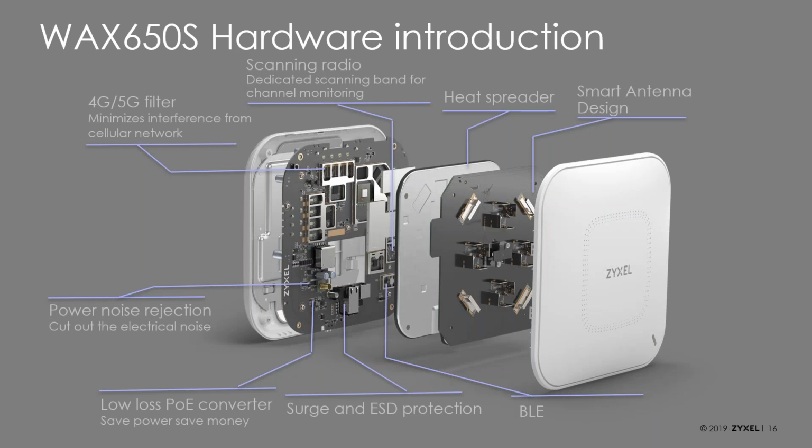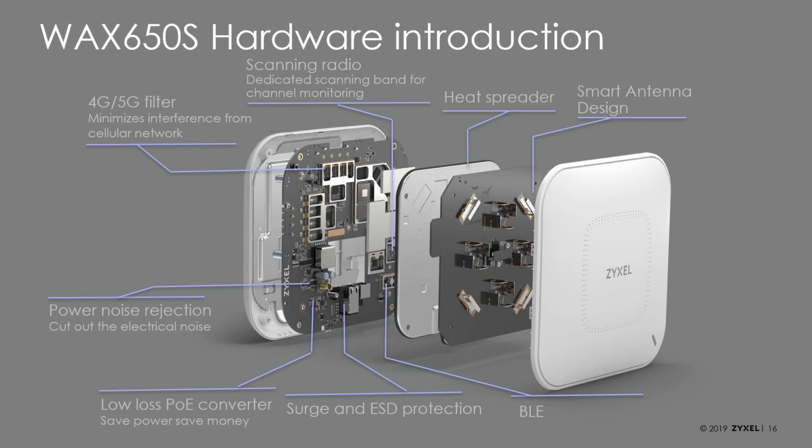When we look inside the AP, the hardware is made very robustly and nicely, as Sizell usually does. We have a 4G and a 5G filter to minimize interference from cellular networks.